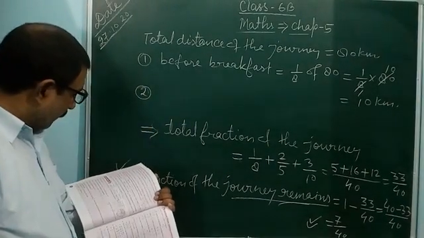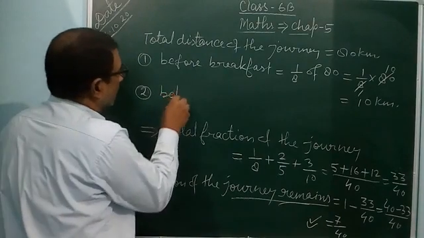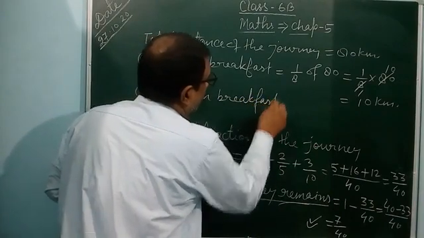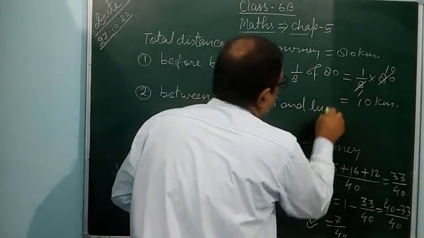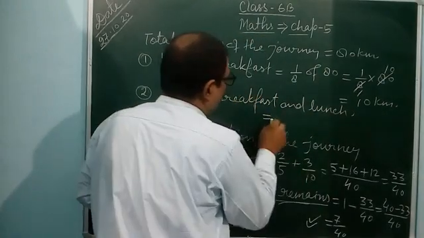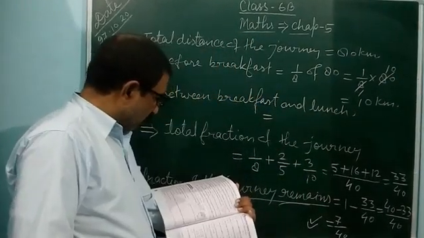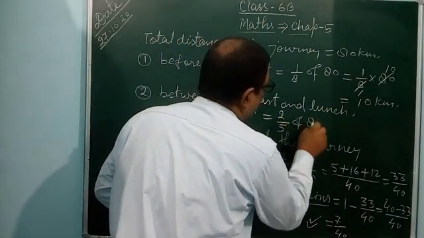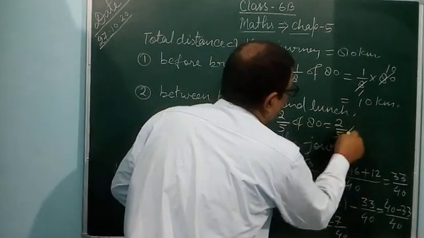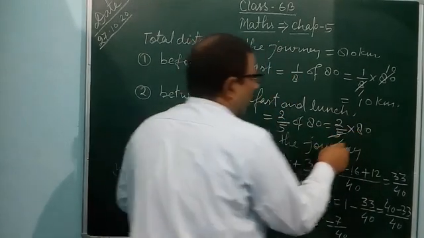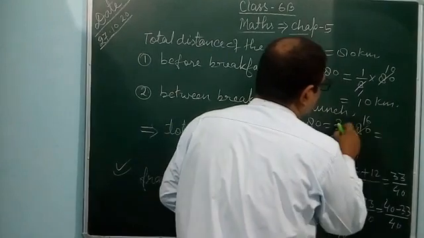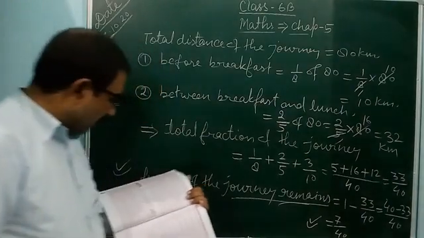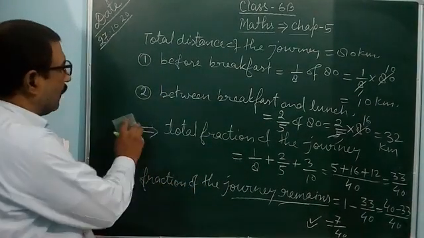Second is between breakfast and lunch. It is given 2 by 5. So 2 by 5 of 80 means 2 by 5 multiplied by 80. 5 16s are 80, 16 2s are 32 kilometers. That is 32 kilometers.